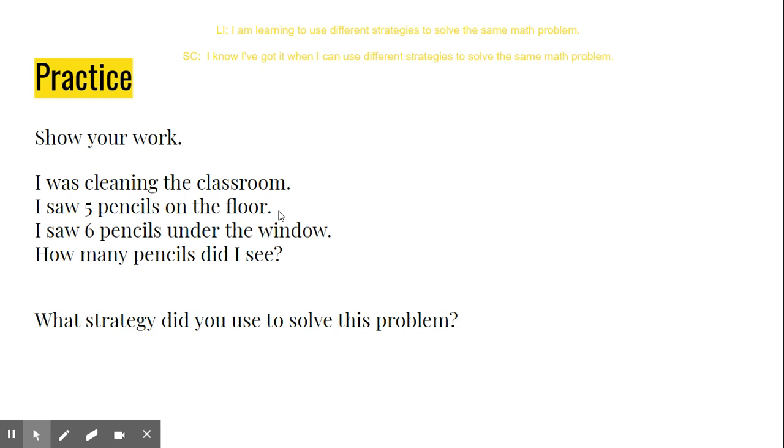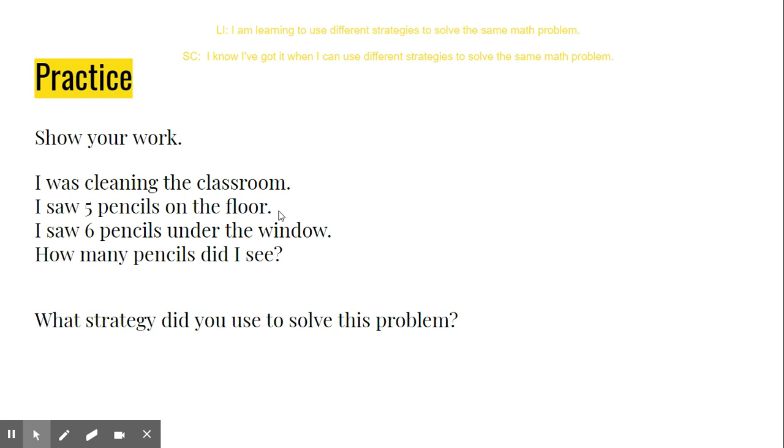I saw 6 pencils under the window. So I saw 5 pencils on the floor. How many did I see under the window? Right, I saw 6 pencils under the window. How many pencils did I see? So you're going to solve this problem.